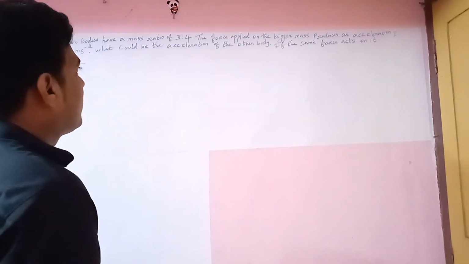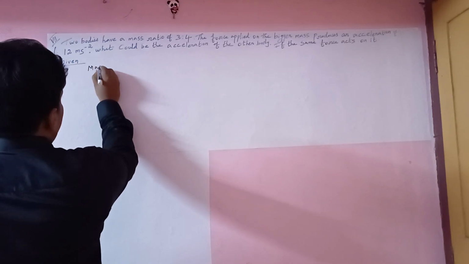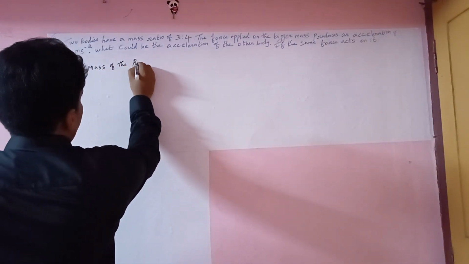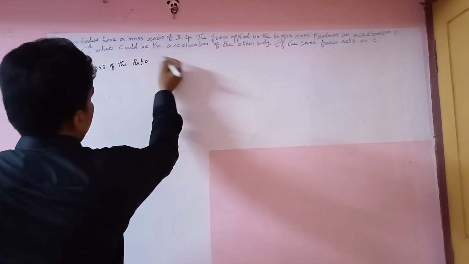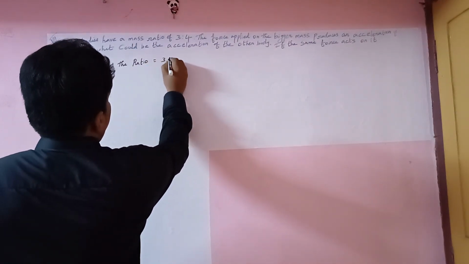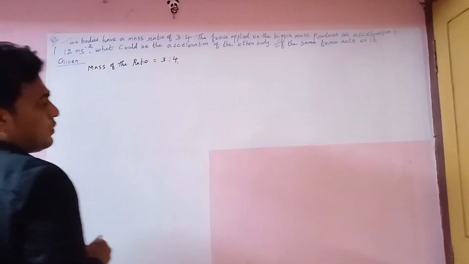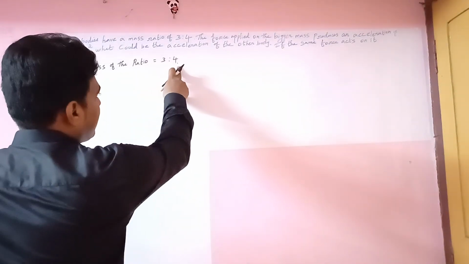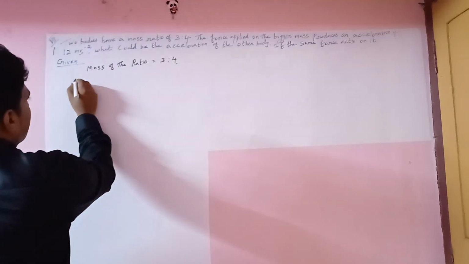First, the mass ratio is 3 is to 4, because 3 is the smaller body and 4 is the bigger body. So we write it down.